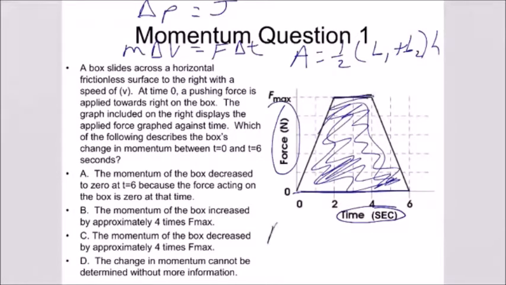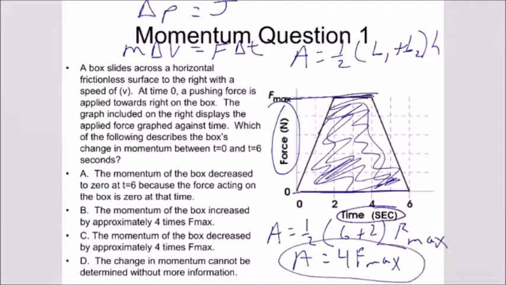So A equals 1/2 times 6 plus 2 times the height. Well, we don't have any units on our y-axis, so our height is just F max. If we simplify, 1/2 times 8 is 4, so our area is 4 F max.